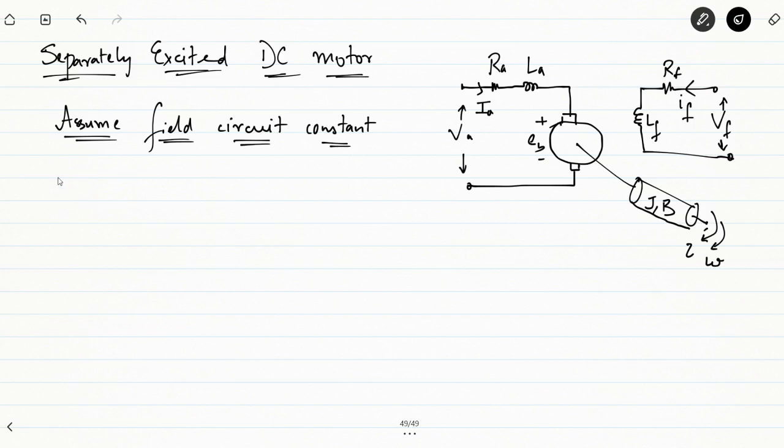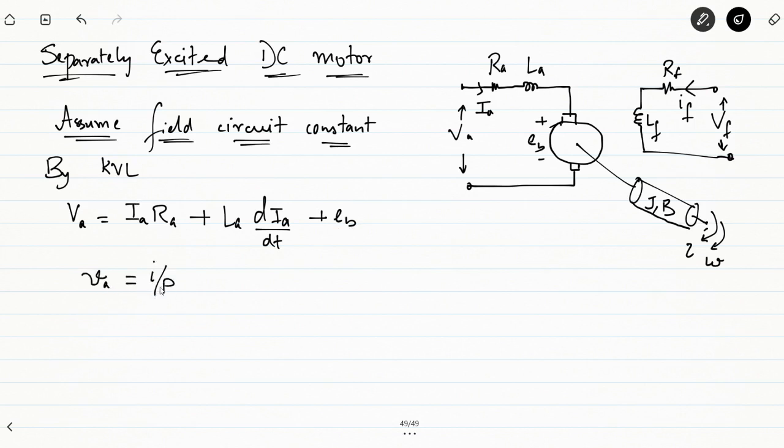By KVL, on the electrical side, VA will be equal to IA RA plus LA dIA by dt plus the back EMF EB. We understand that VA is the input that's applied to this separately excited DC motor.